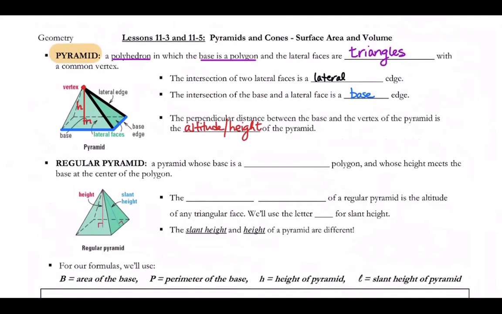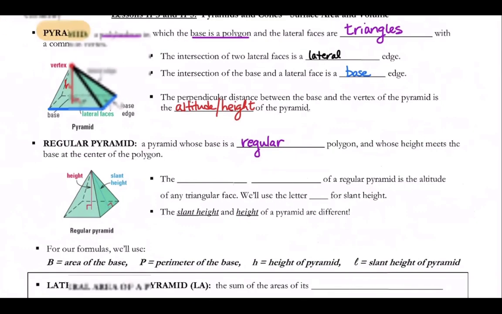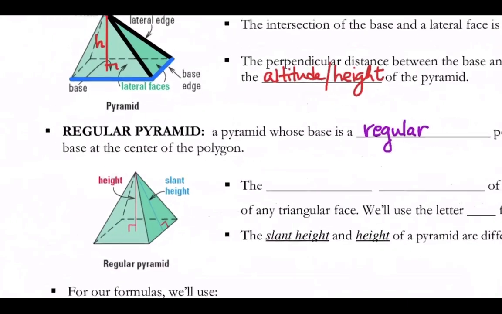Okay, all of the pyramids that we're going to be using in this lesson are going to be regular. That means that the pyramid has a base that is a regular polygon. The base will be a regular polygon. Remember, that means equiangular and equilateral. And the height meets the base at the center.